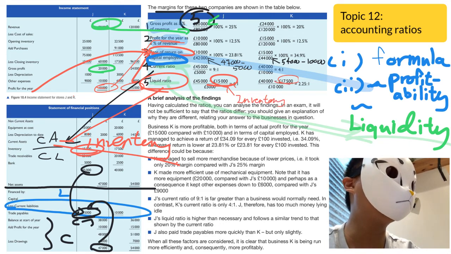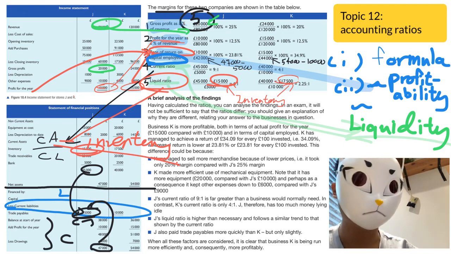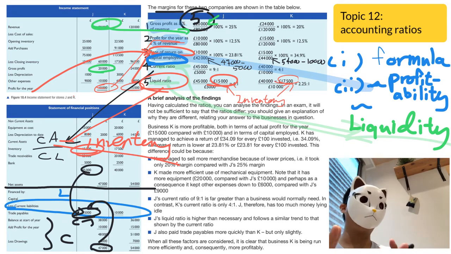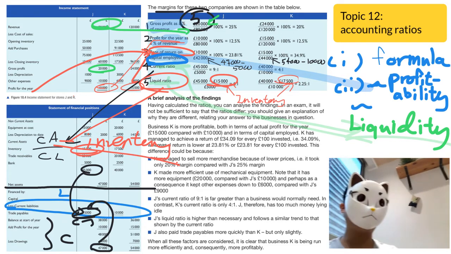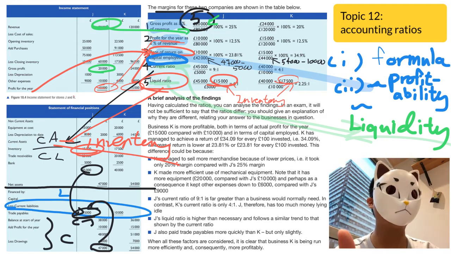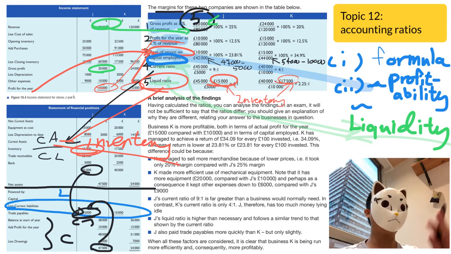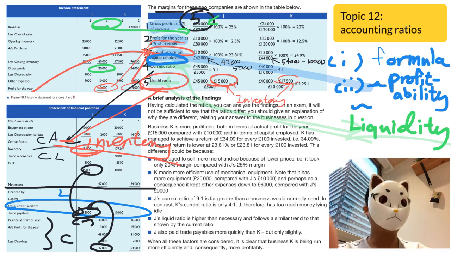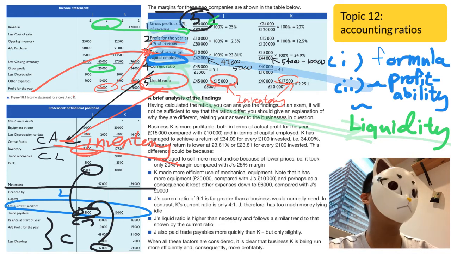For another company, this one is the inventory. So we will make use of the total amount of current assets and then minus the inventory. So that's how we do it. So these are all the formulas for the IGCSE syllabus. So this is the first thing we understand.